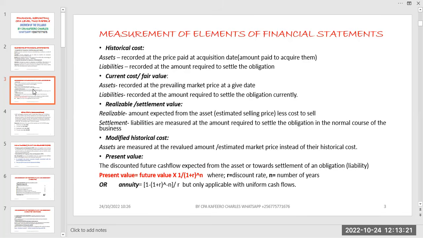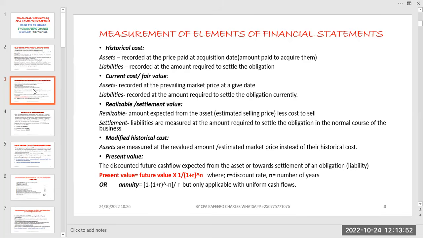There are those cash flows that we are going to be receiving, let's say, 5 million every year for the next 5 years or 10 years. And you find that there are other cash flows where this year you receive 5 million, next year you receive 2 million, the other year you receive 10. Then when the cash flows are uneven, we use the discounting factor.